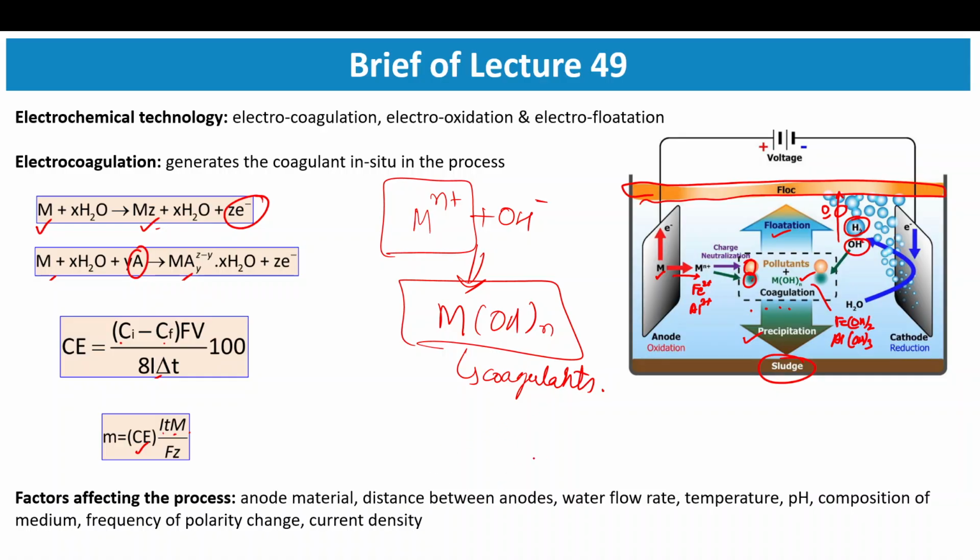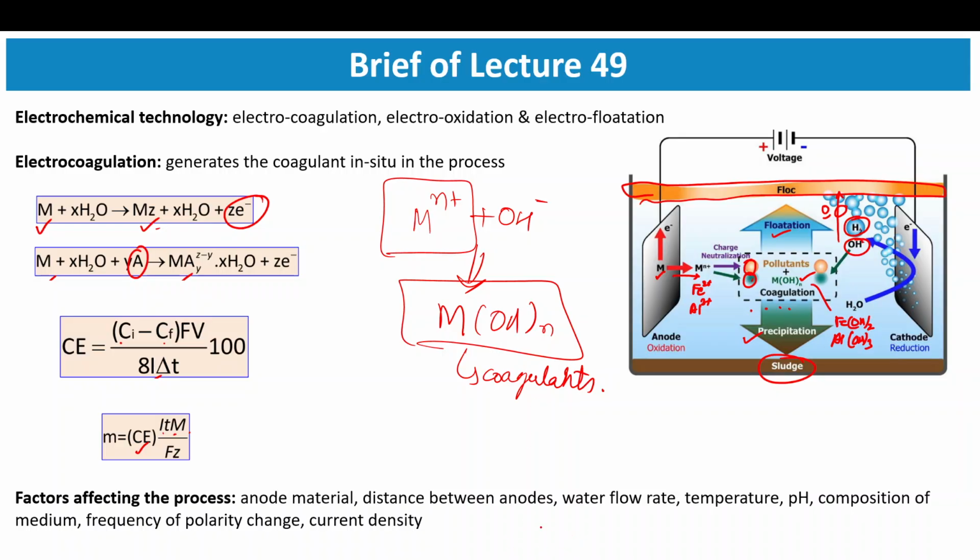And also the anode will keep on degrading and the mass of metal dissolved can be calculated by this formula, right? After some time you need to replace the anode because you are utilizing the material to form coagulant.